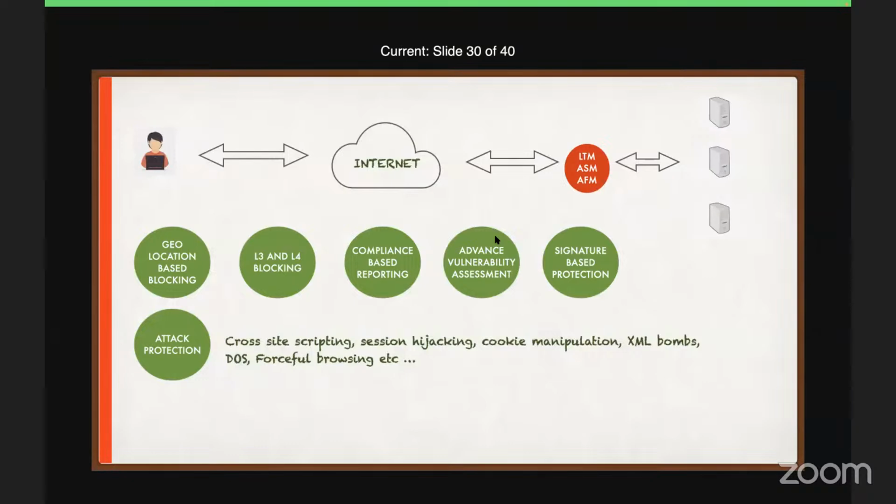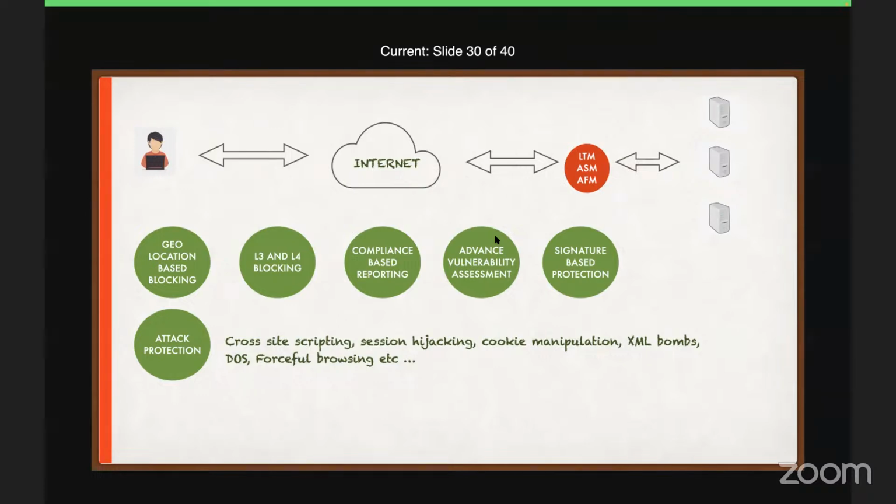So basically, ASM is only for your web application firewall. It's only for HTTP traffic. It's not doing it for any other protocol. Okay, fine. Yeah, ASM is only for web traffic, HTTP and HTTPS traffic. Let it be that you have next generation firewalls in your organization, in your network, but still we have IPS, IDS.